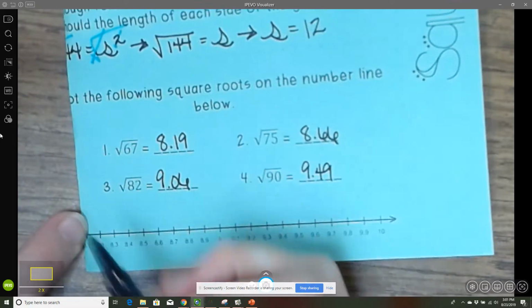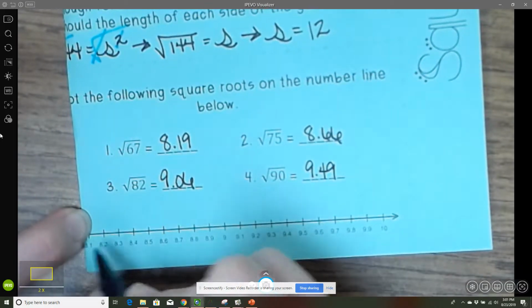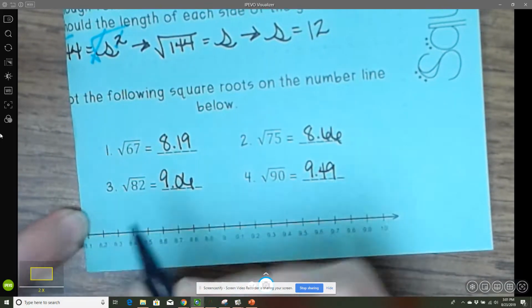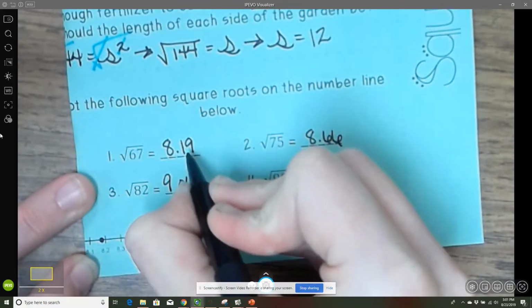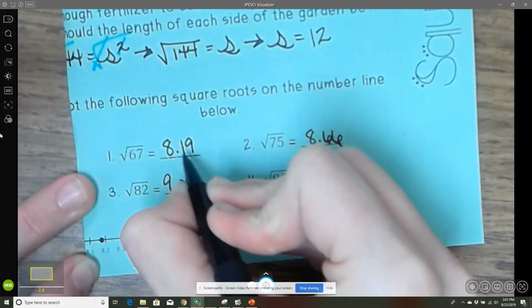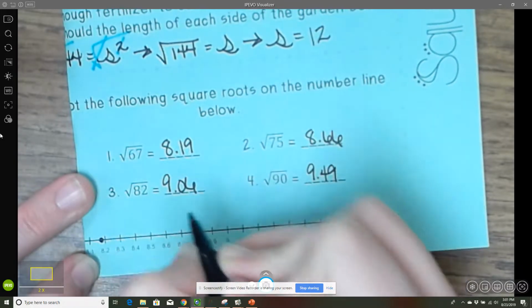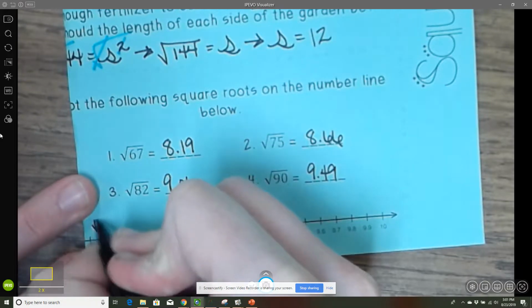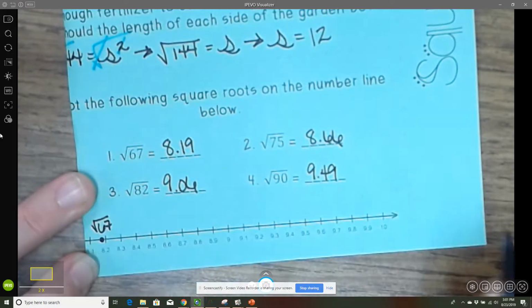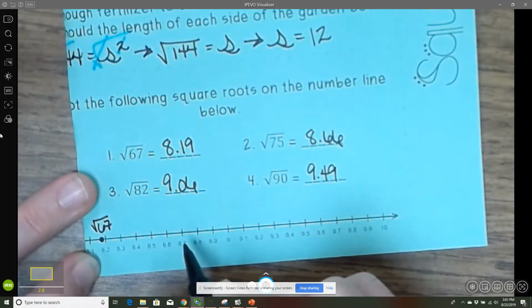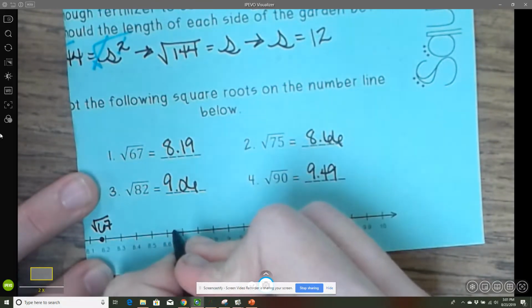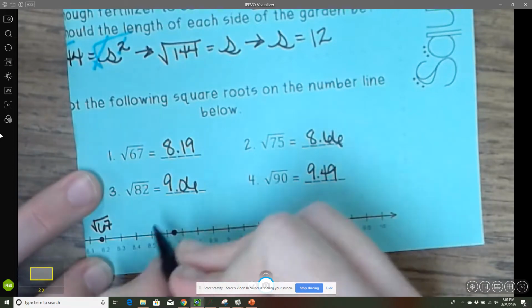8.19 is going to be in between 8.1 and 8.2. I'm going to put it pretty close to that 8.2 because it's real close. If we round to the tenths place, it would go up. So this would be the square root of 67. 8.66 is going to be in between 8.6 and 8.7, almost exactly halfway.